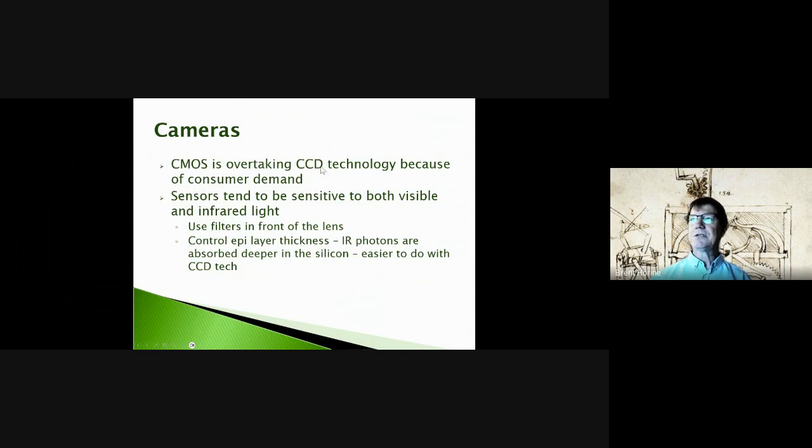So used to be our cameras were charge coupled devices, and those were our high performance cameras. But they're kind of expensive. Process engineering that it takes to build those things are expensive, and the sizes and whatnot.